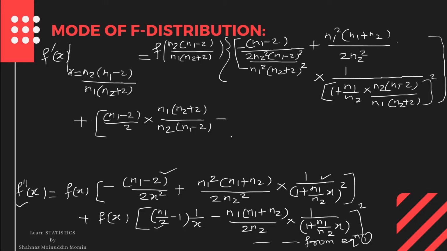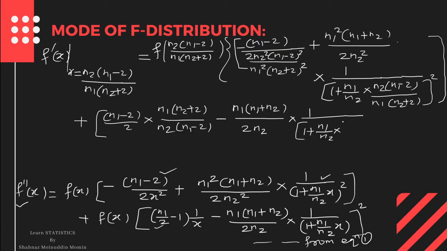Now let me write the second term, n1 into n1 plus n2 divided by twice n2 into 1 upon 1 plus n1 by n2 into x.